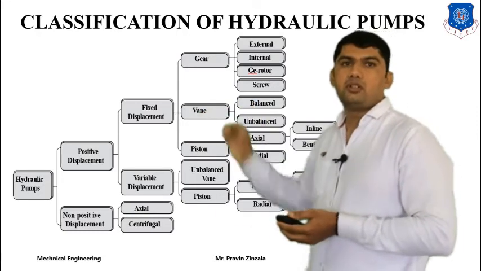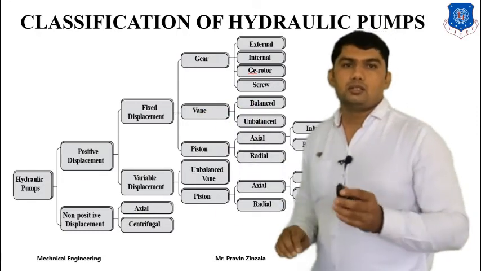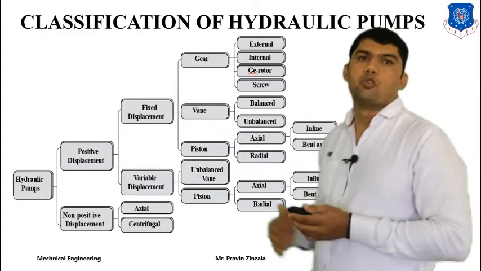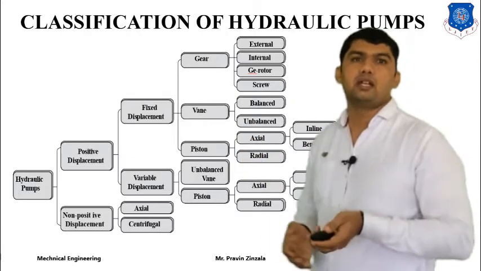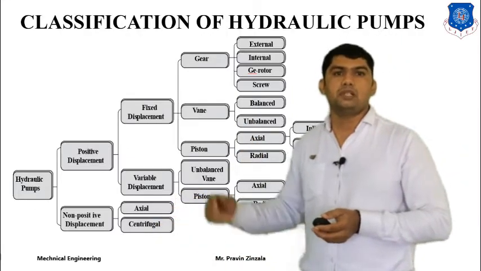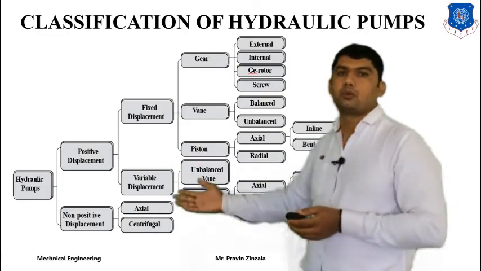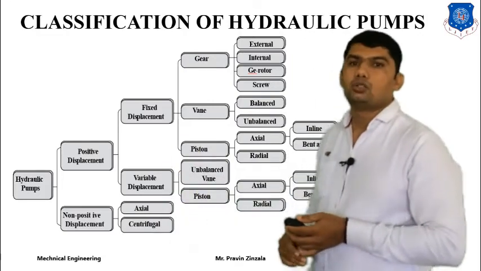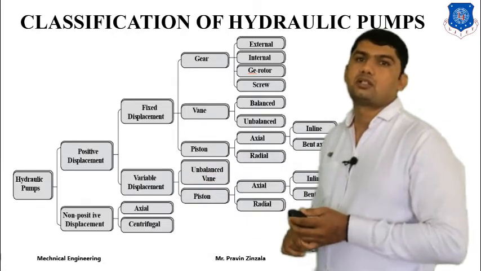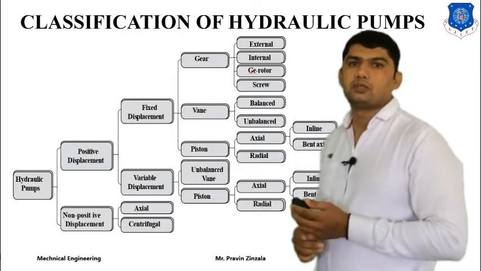It doesn't depend on the output pressure; the flow rate remains constant. While in a non-positive displacement pump, if the outlet pressure is increased, the flow rate decreases. So it depends on the output pressure of the system, and it is a non-positive displacement pump.